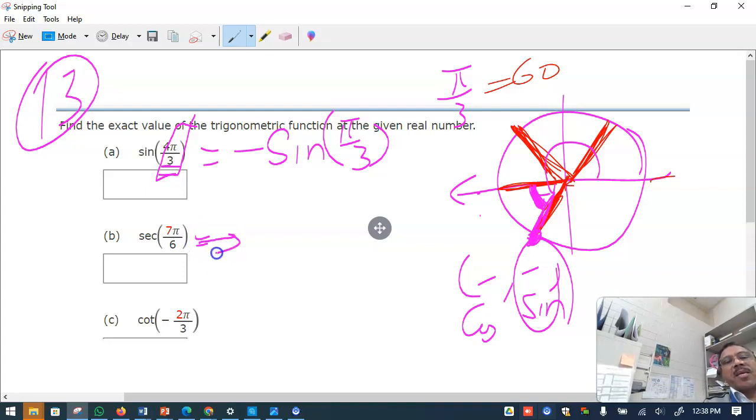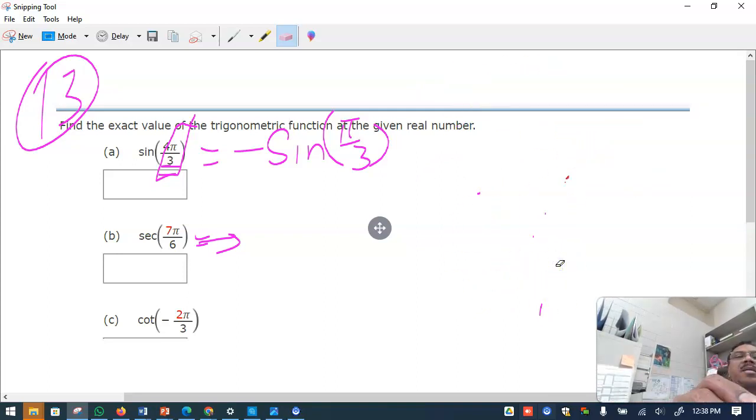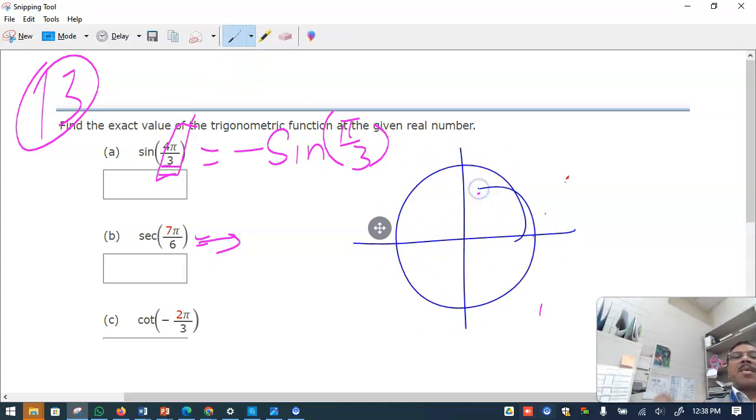Secant. So first find what is cosine. So it's 7 pi by 6. Oh, I think we did this earlier, I forgot. So 7 pi by 6: 1, 2, 3, 4, 5, 6 and 7 here.